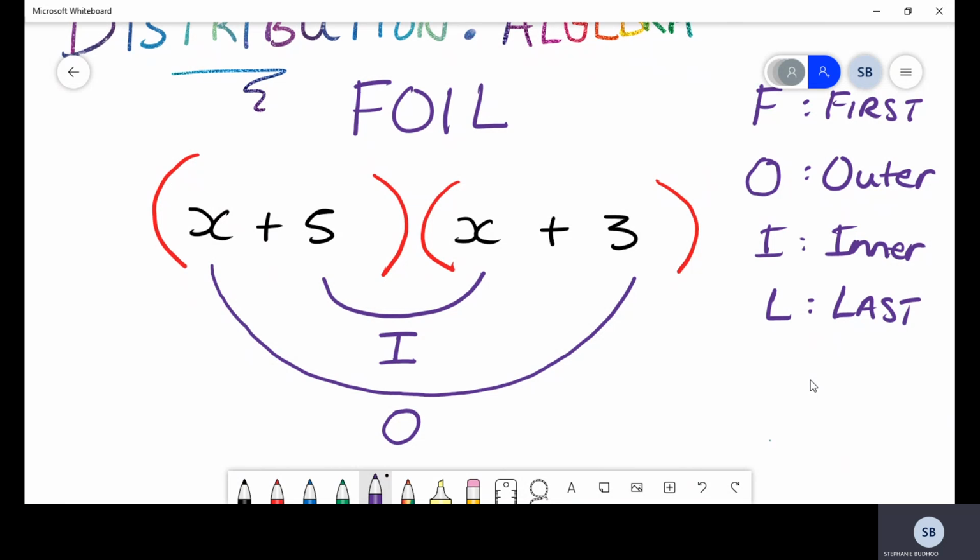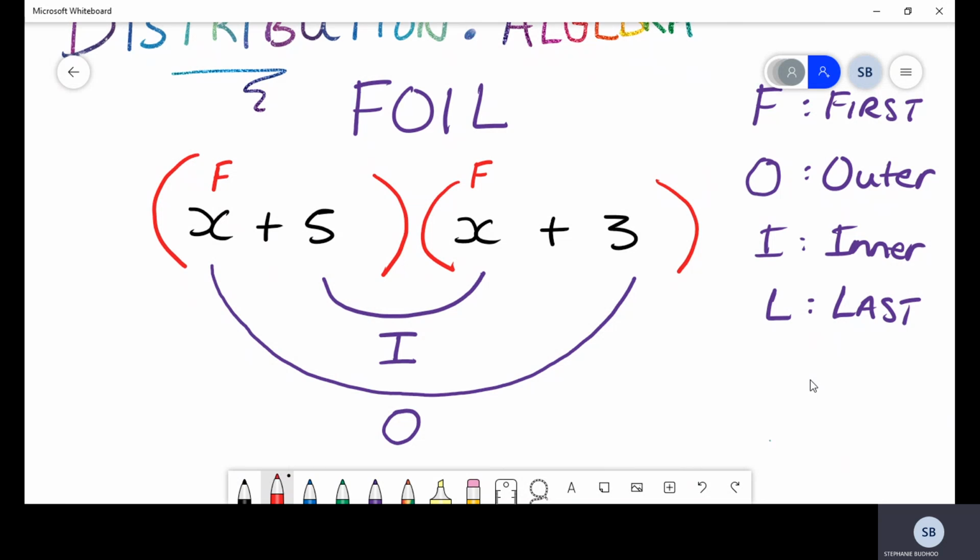What exactly is our first and last? Well, in our first bracket, our first term is x. In our second bracket, our first term is also x. So your first terms are essentially the first terms of each bracket.